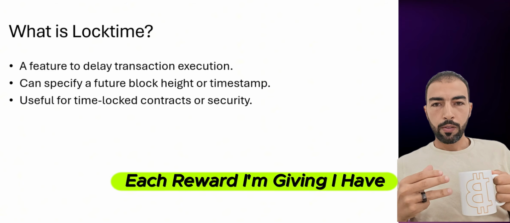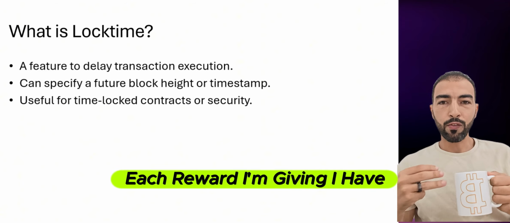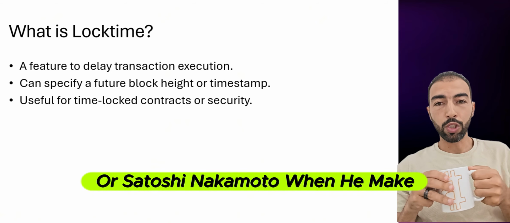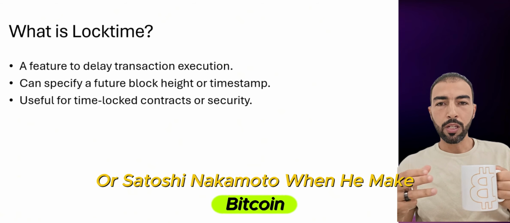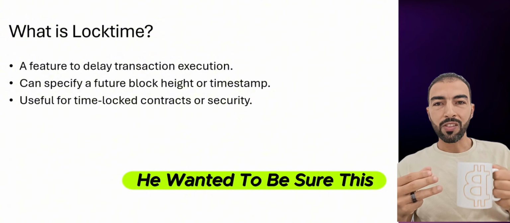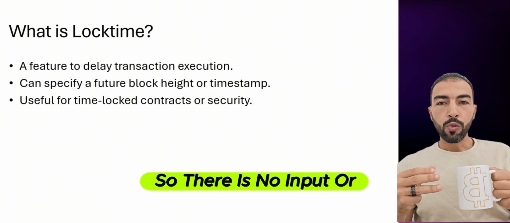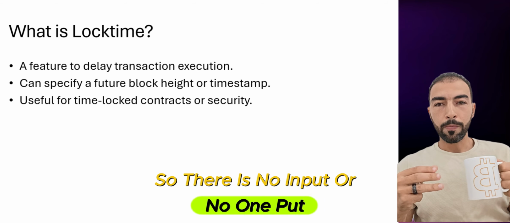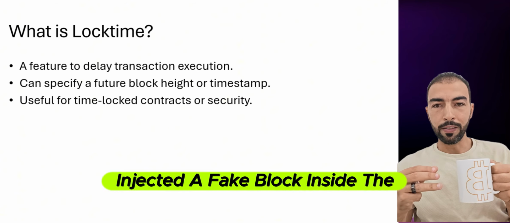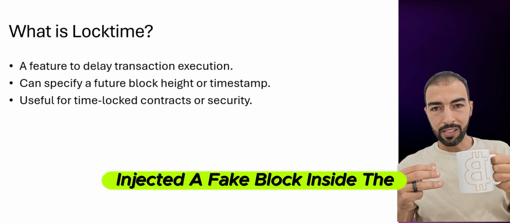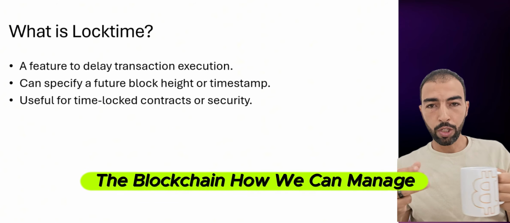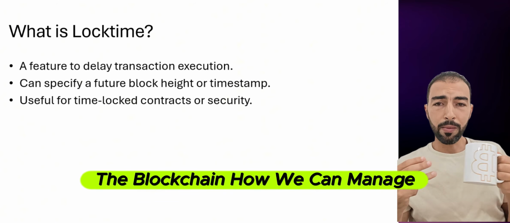For each reward I'm giving, I have to be sure, or Satoshi Nakamoto, when he made Bitcoin, he wanted to be sure this transaction is legitimate, so that no one injected a fake block inside the blockchain. How can we manage it?